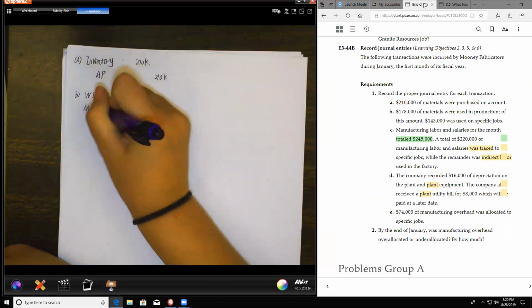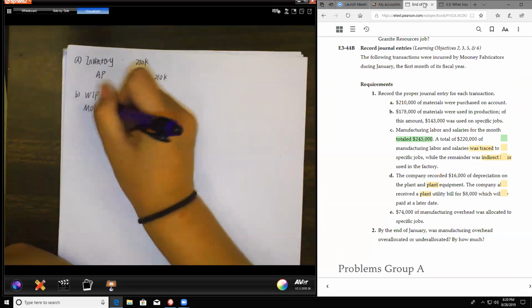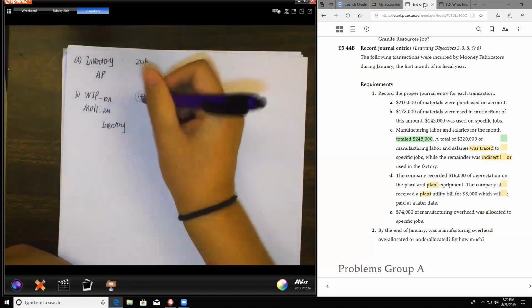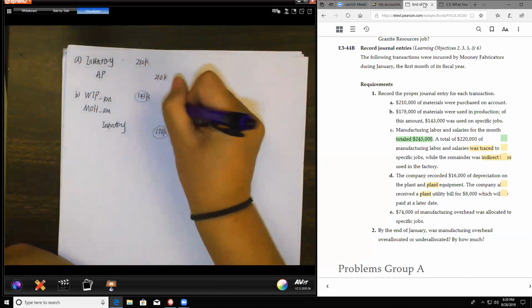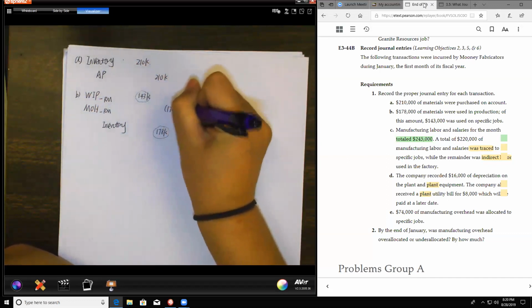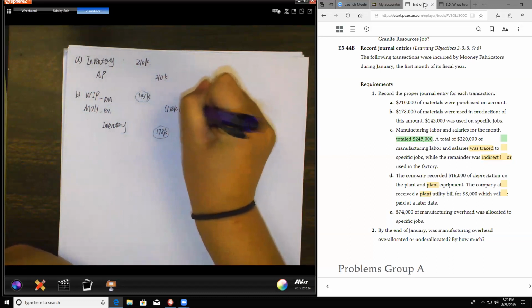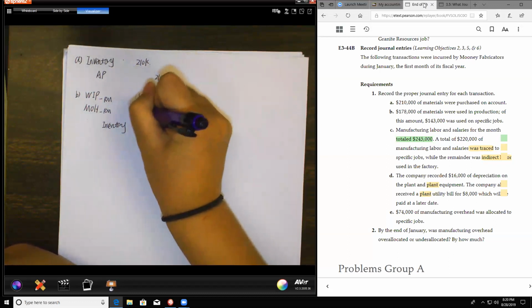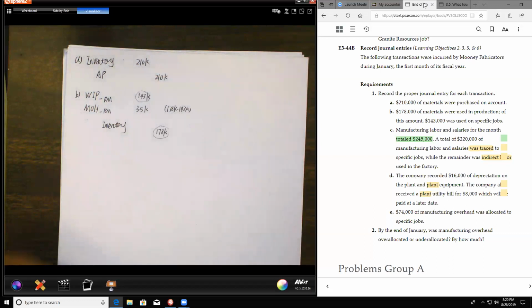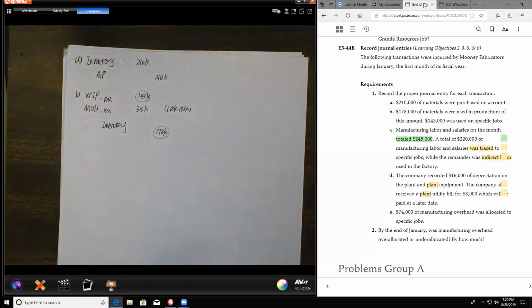They will go to your manufacturing overhead, which is the difference of 178,000 minus 143,000. So that gives you 35,000 as the indirect material, right? As the indirect material goes to manufacturing overhead.